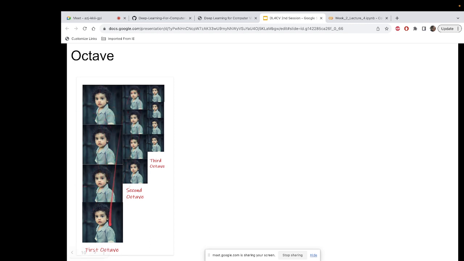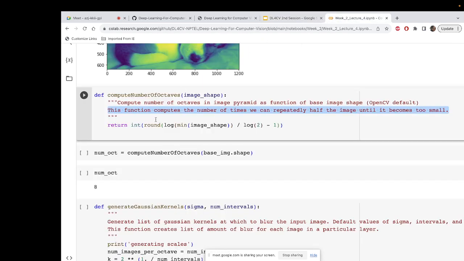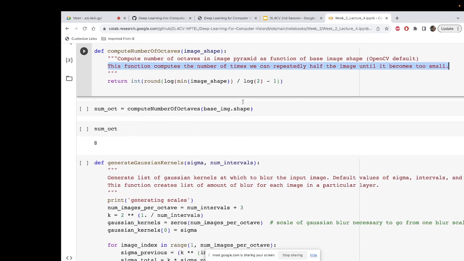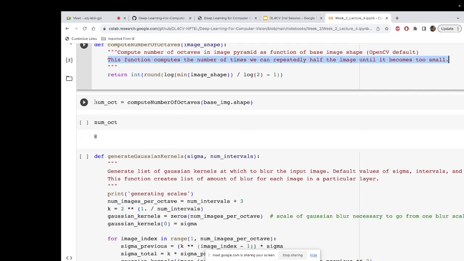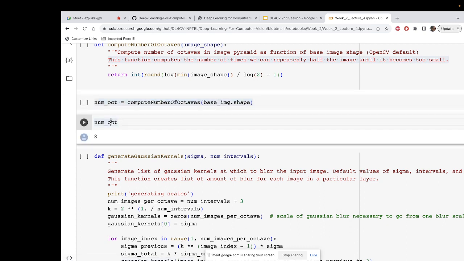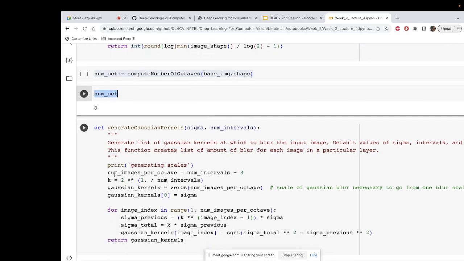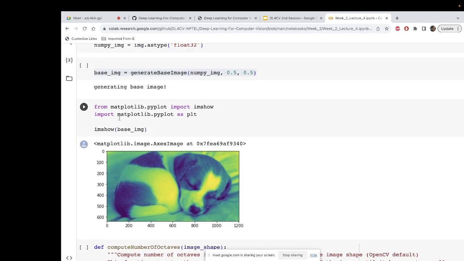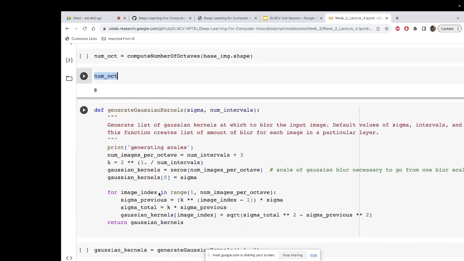We start with the bigger image, then go smaller until it's too small to visualize. This is what we calculate in the numoct variable, and we get the value 8. So we can have 8 octaves of this dog image.